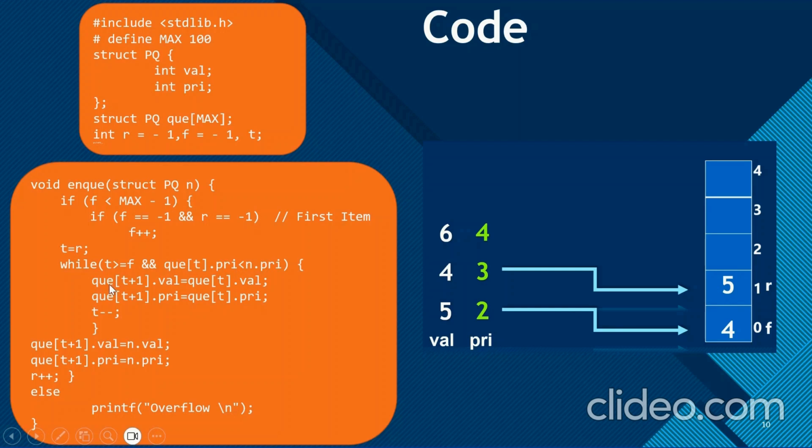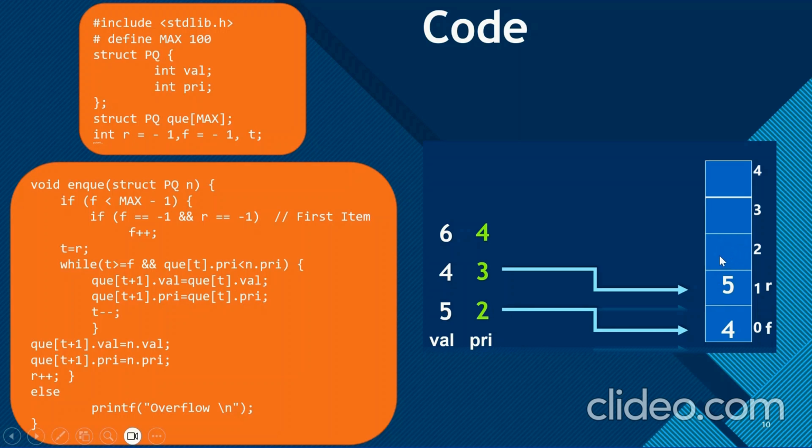Q[T+1], so Q[1+1] rather, Q[2].value should be equal to Q[1].val, and Q[2].priority would be equal to Q[1].pri, or the priority. In simpler terms, this 5 would be moved to this place along with its priority.